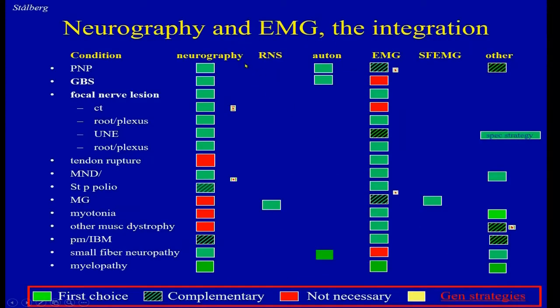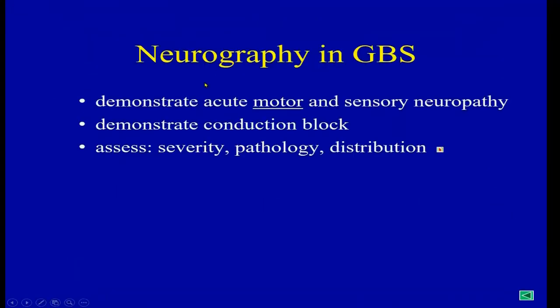When it comes to Guillain-Barré, I think that neurography is very important, and already from day 2, usually we don't see the patient day 1, and we have to demonstrate motor and sensory neuropathy, mainly motor, which is different from many other polyneuropathies.